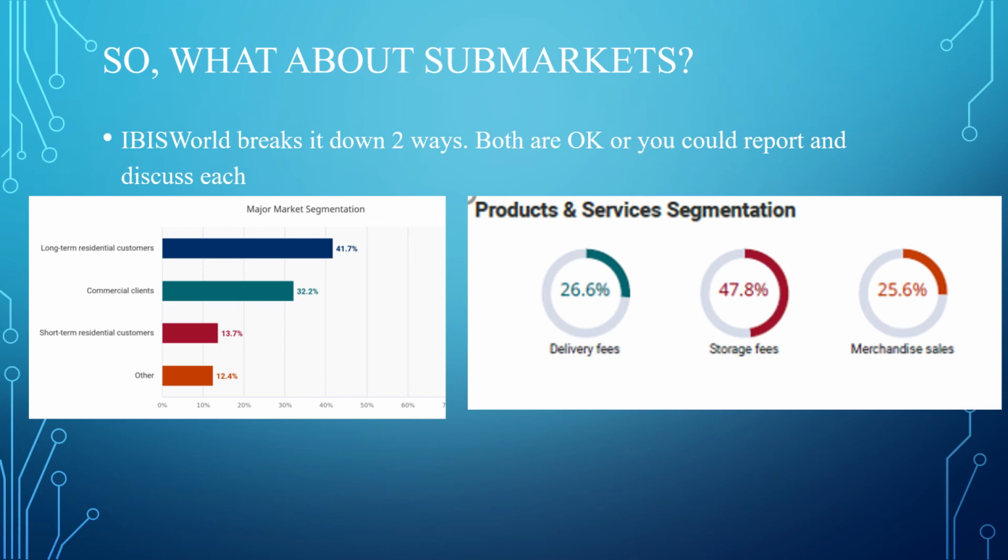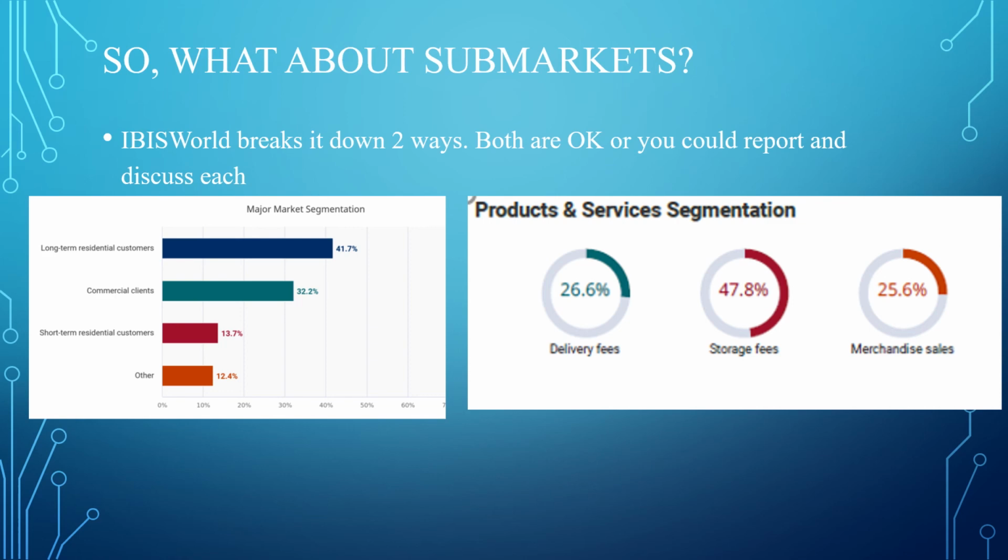So what about submarkets? Well, IBISWorld breaks it down two ways. Both are okay, or you could report and discuss each. One way they describe the breakdown of the submarkets is long-term residential customers, commercial clients, and short-term residential customers.